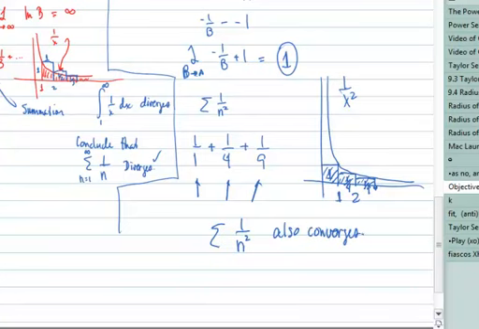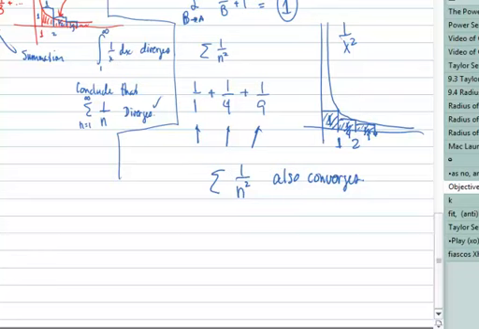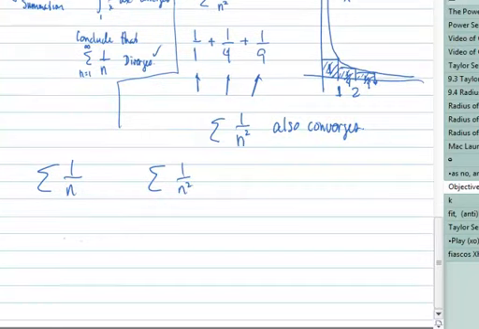So this brings up an interesting scenario. We have two summations. We have 1 over n, and we have 1 over n squared. And this brings us into this thing called the p rule, where if you have a summation of a sequence of terms where the term is 1 over n to the p power, that p determines if this series converges or not.